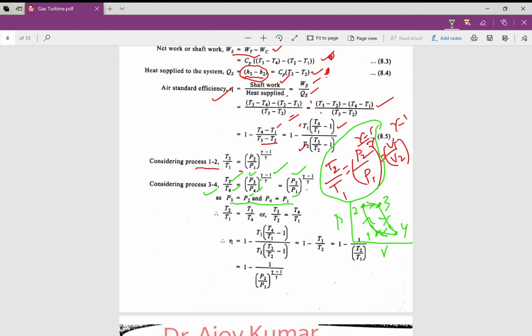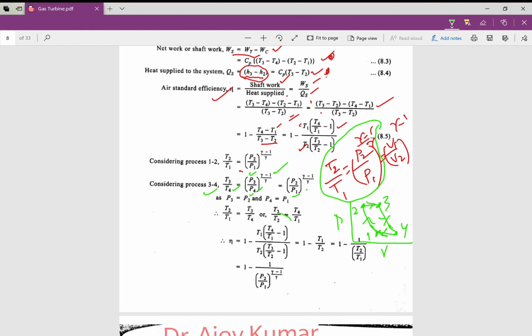Therefore T2 upon T1 would be equal to T3 upon T4. Now take cross multiplication, and we can write it this way.